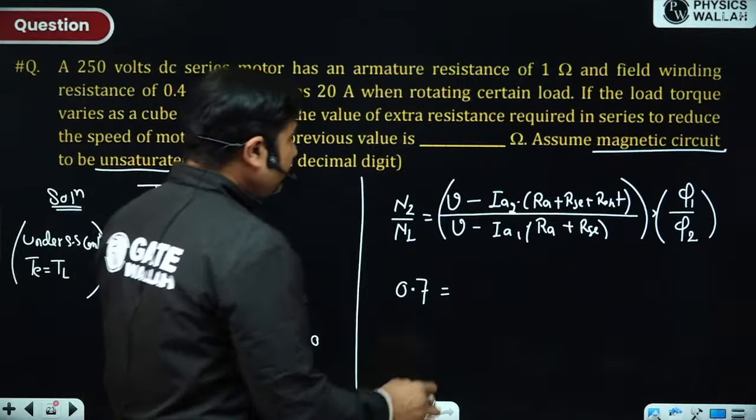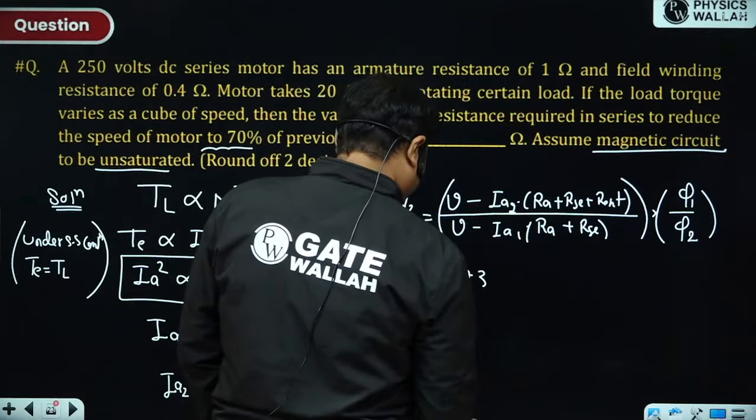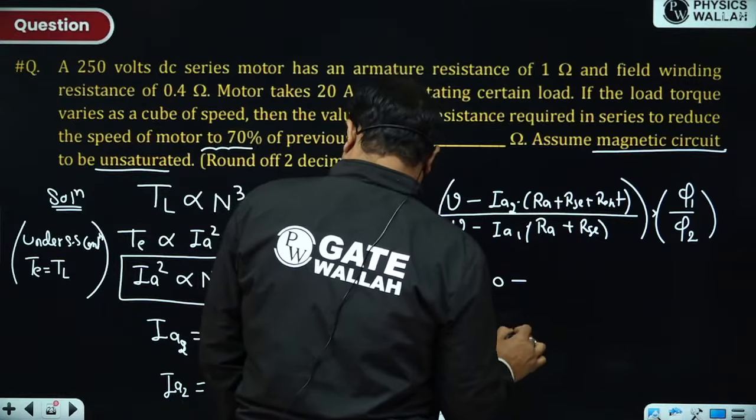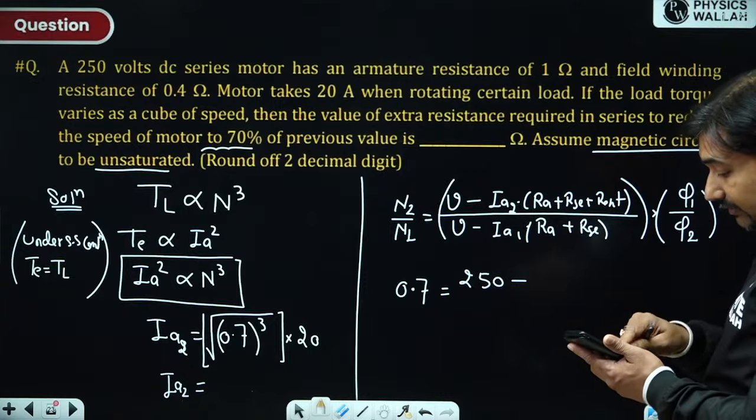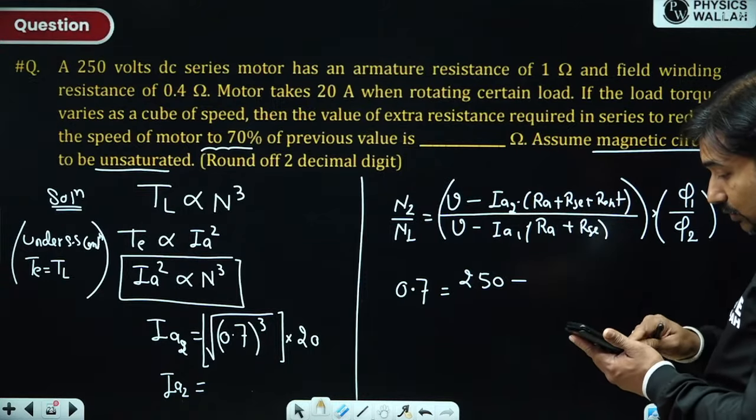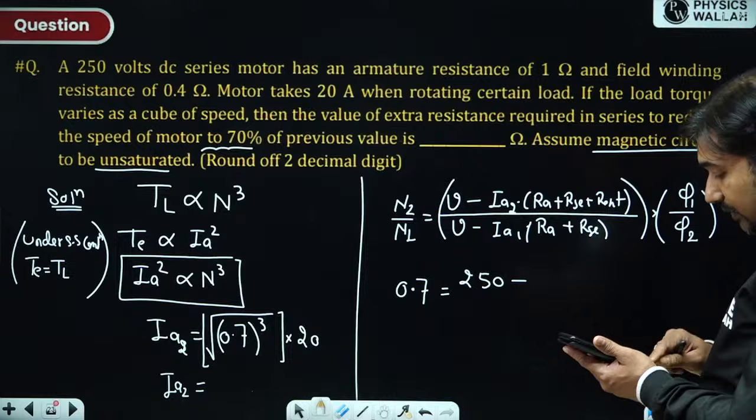This 2 and 1 subscript is very important. Always remember this. Now the 250 volt motor we have, we can calculate the new armature current as cube root of 0.7 into 20, which is 11.7132.